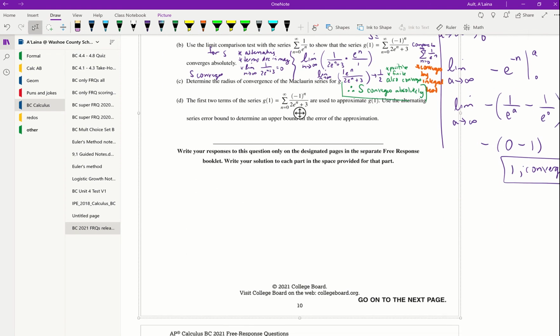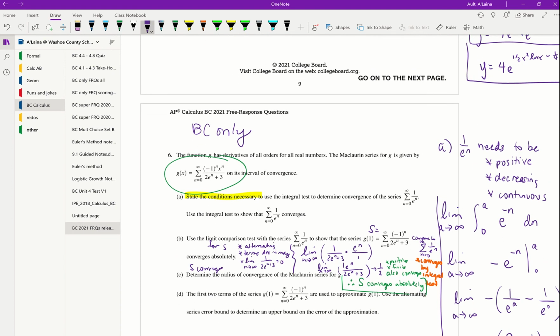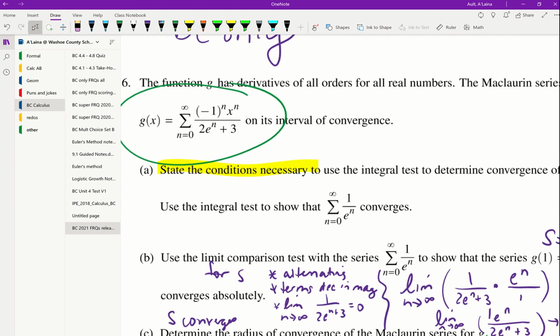So the ratio test for part C says we're going to take the limit as n approaches infinity. Ratio test uses the absolute value. Limit comparison test does not. And it says it needs to be less than 1. And so that's part of what we're doing here. So I'm going to ignore the alternating part because I'm doing the absolute value. So I'm going to not deal with the negative 1 to the power of n. So you do absolute value, that goes away.